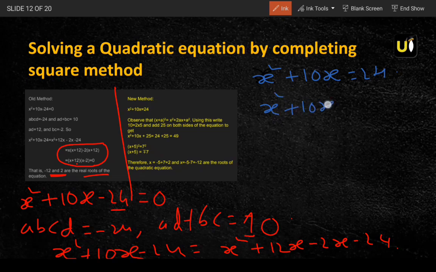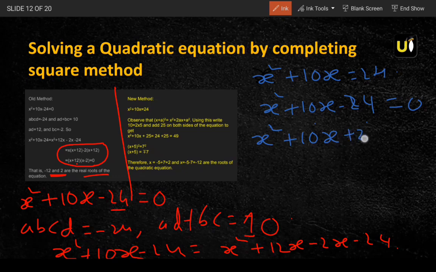Let's see another example to make it more clear. So now we were given x square plus 4x minus 12 is equal to 0. Look, this is x square, 4x. That means this might be 2 into 2x.